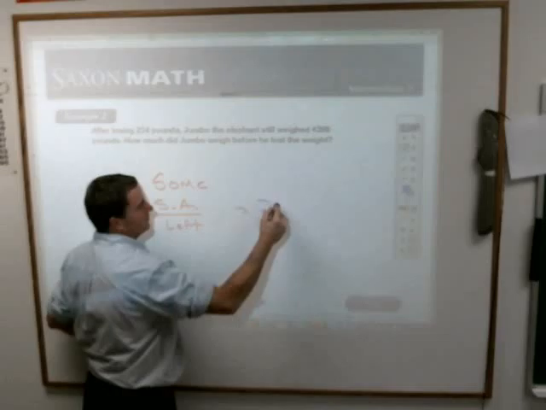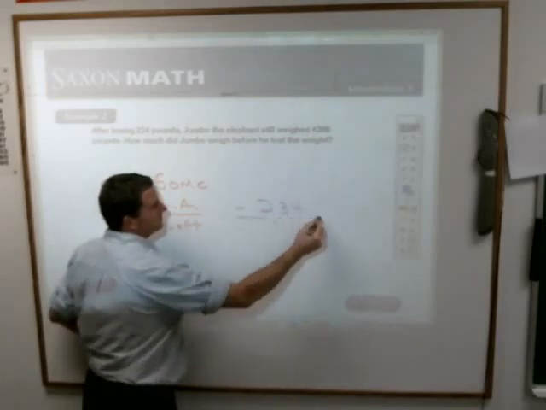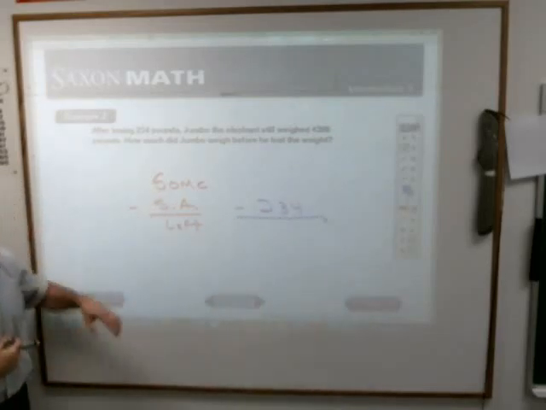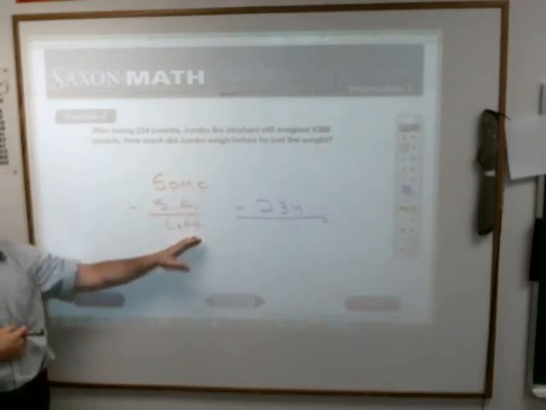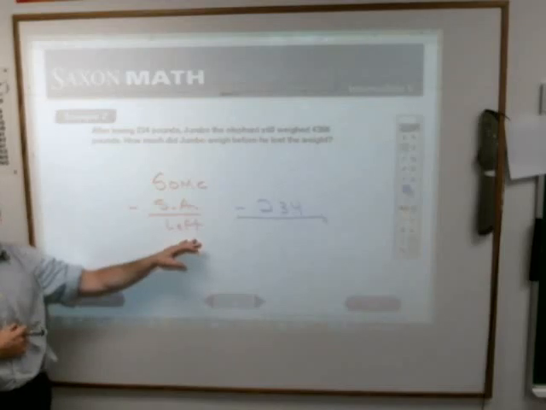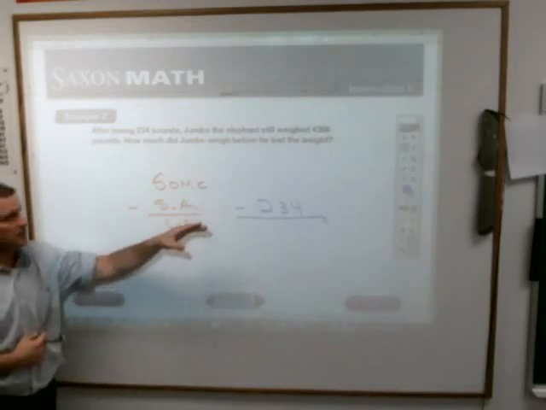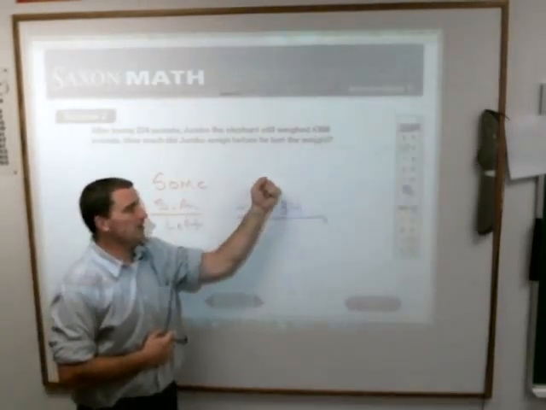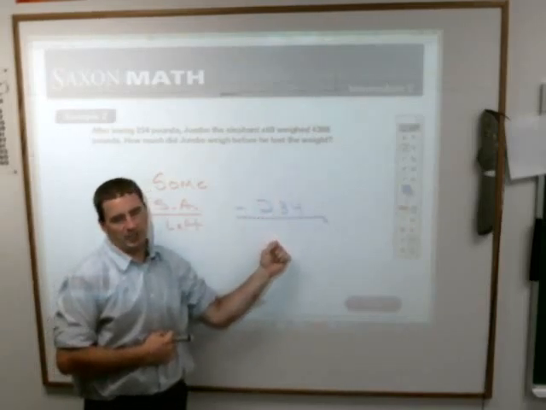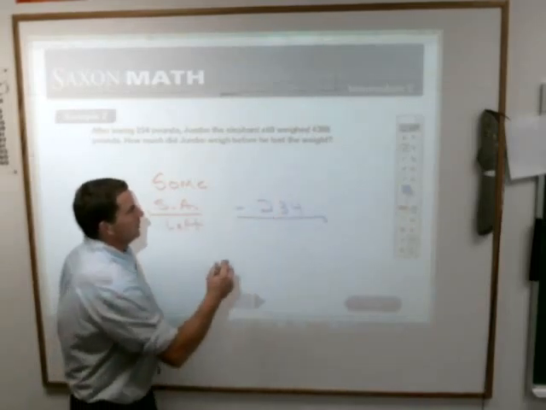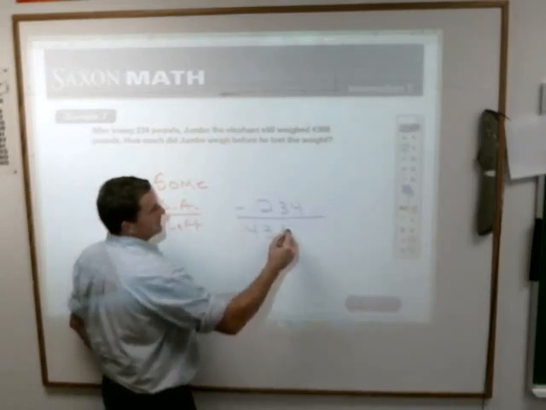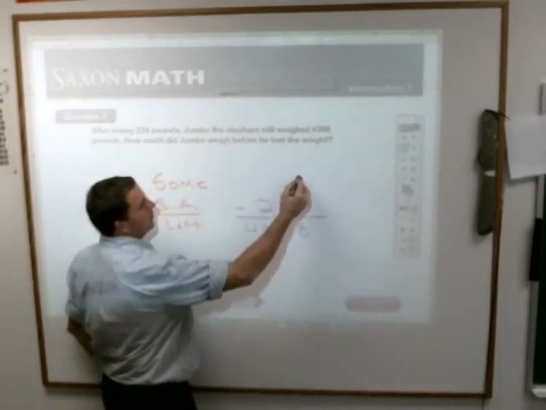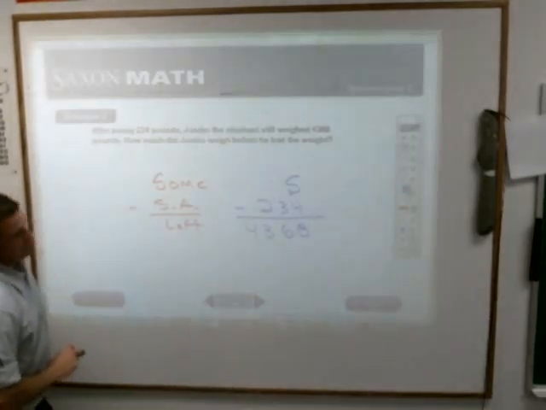That's one of them. Now, do we know what he started with or how much he's still left with? It's 4,368, how much he ended up weighing. So that goes here. And we don't know what he started with.